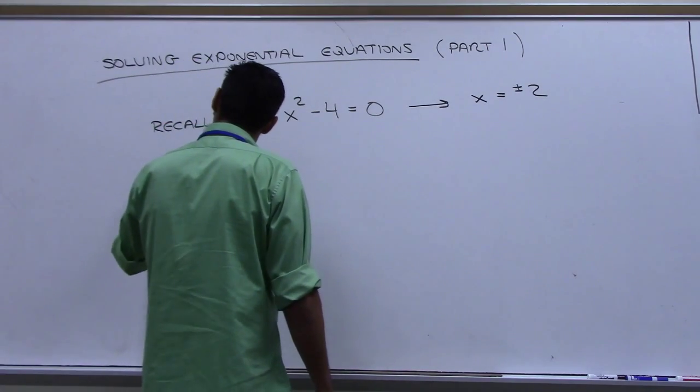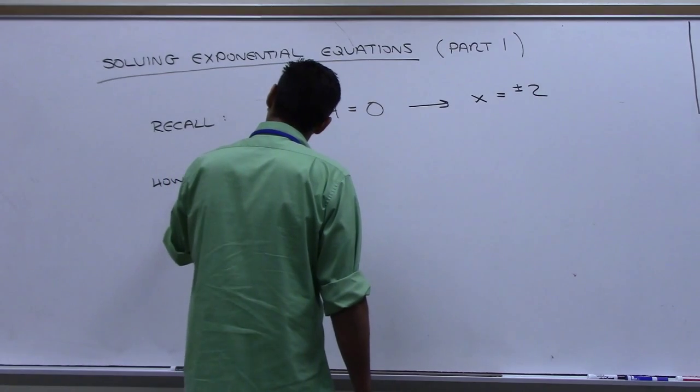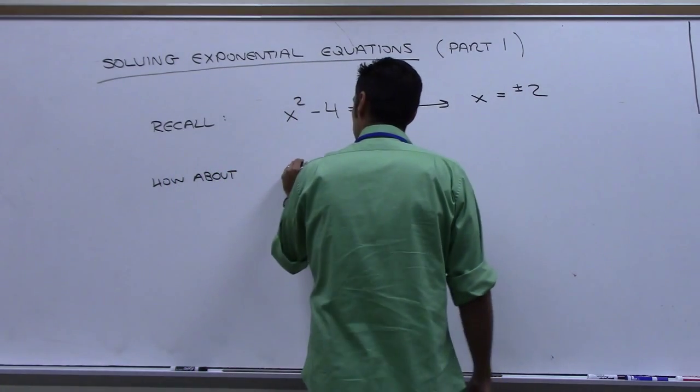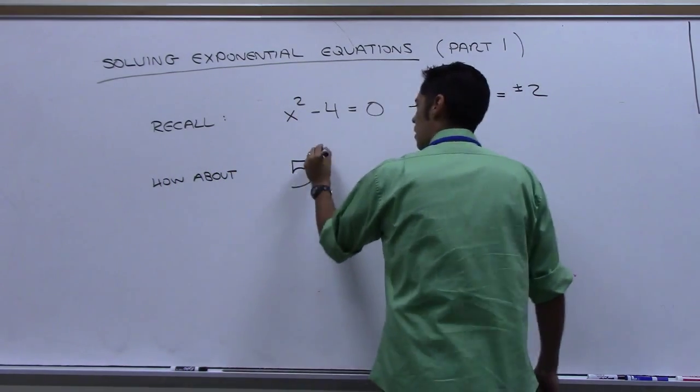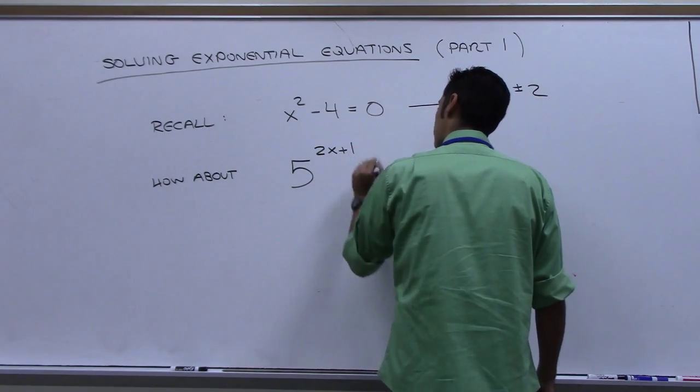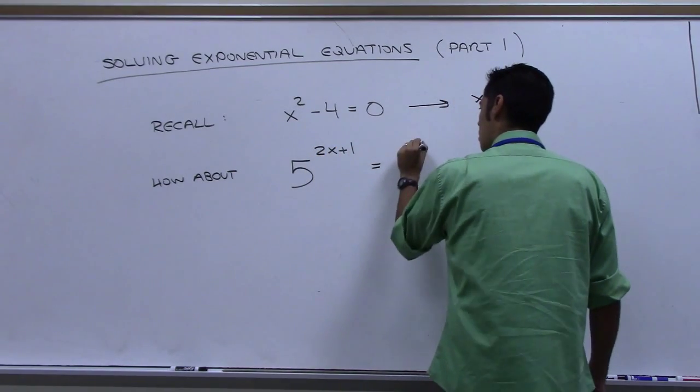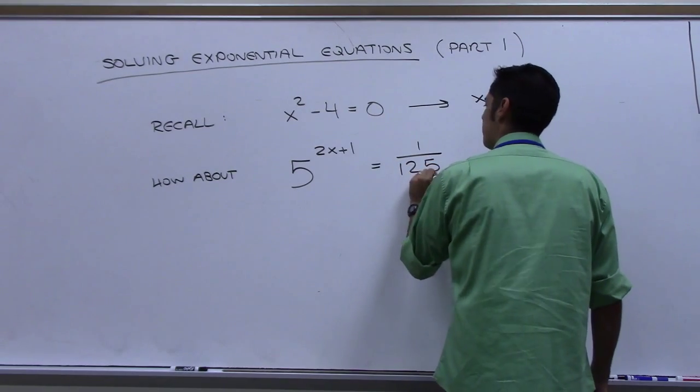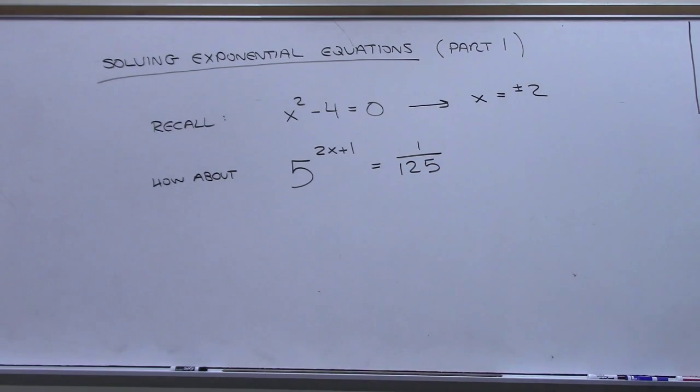How about solving this? 5 raised to the 2x plus 1 equals 1 over 125. What you should notice to begin is that the variable we're trying to solve for is x, but where does it live?